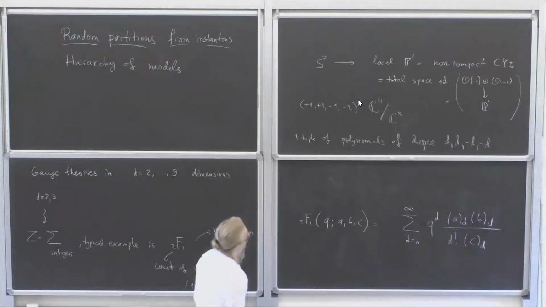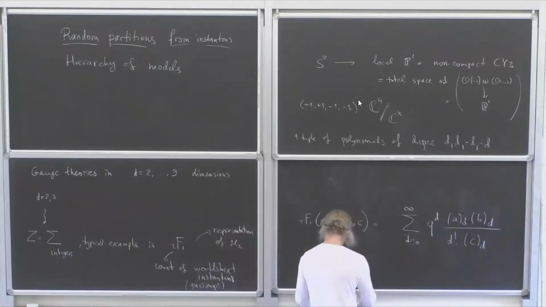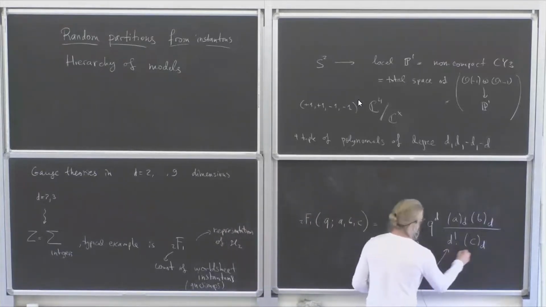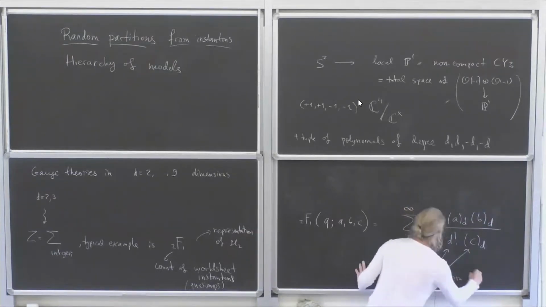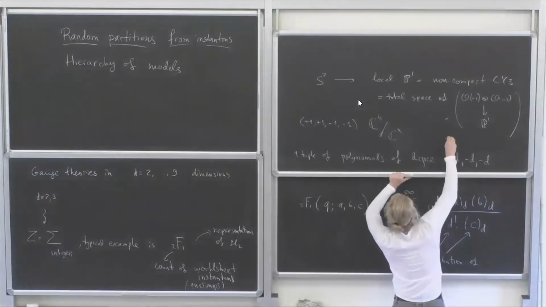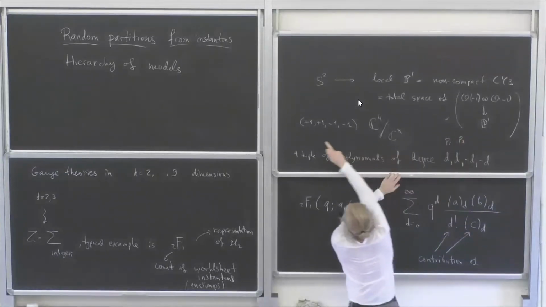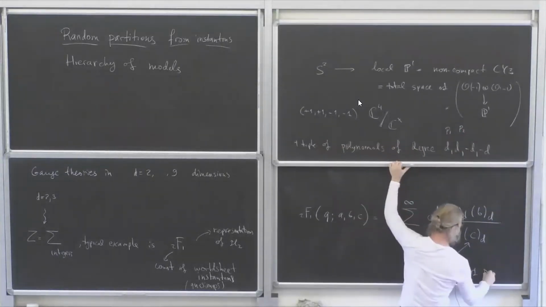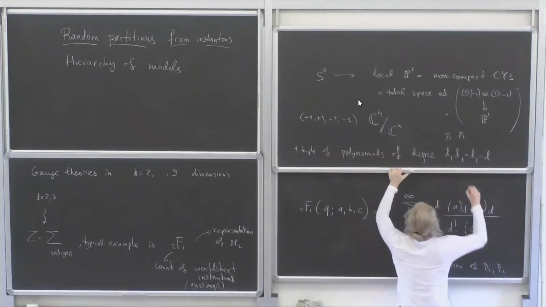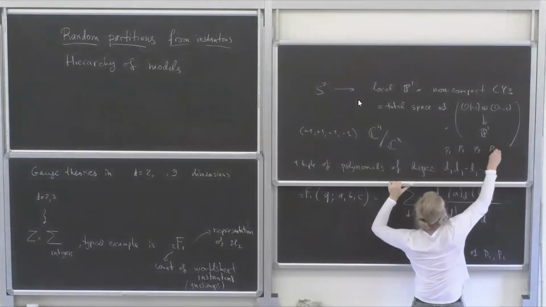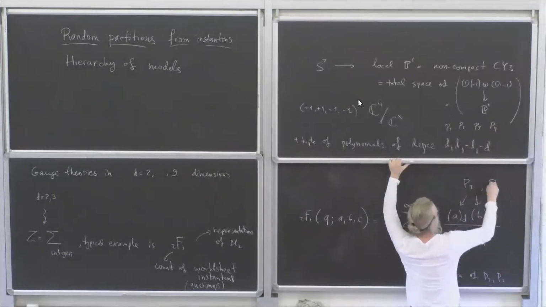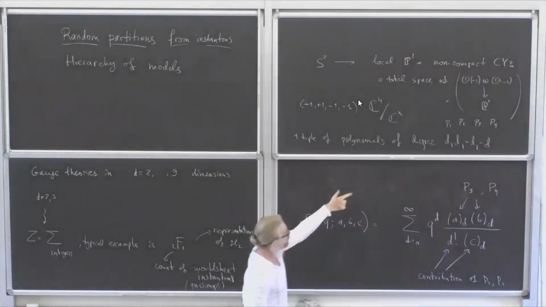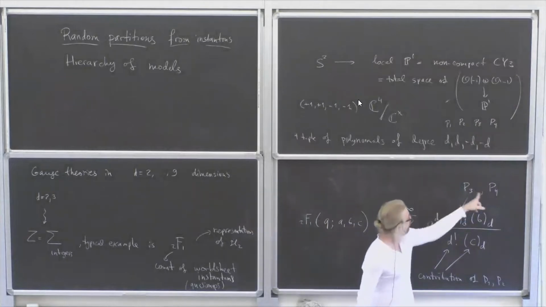So in this formula, these 2 terms in the denominator come from the contribution of the polynomials describing the maps to the first 2 lines. And the numerator is the contribution of the obstructions for the other coordinates.